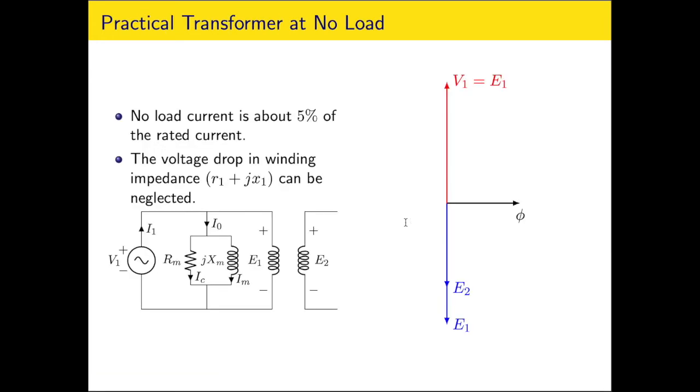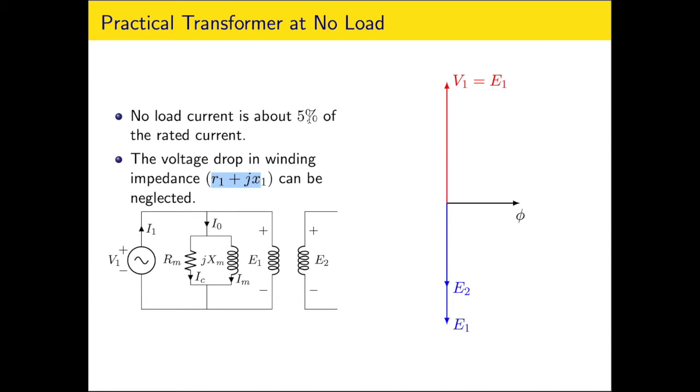Before that, let us consider the case of the practical transformer at no load. The current drawn by the transformer at no load is only about 5% of its rated value. As made clear in the beginning, the values of resistance and reactances are kept small.